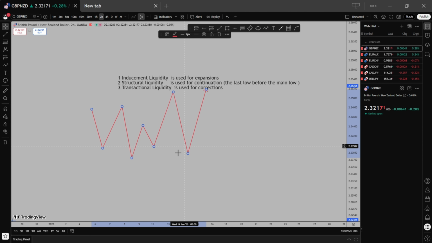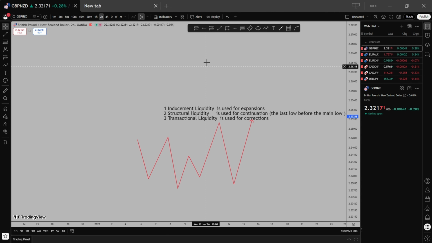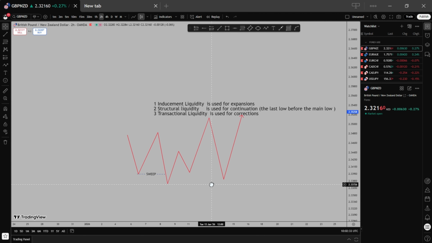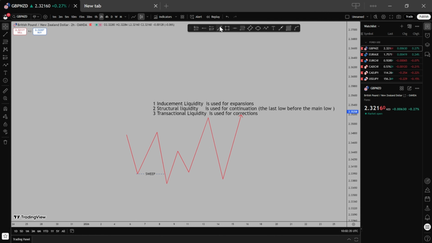Okay, so now this is the sweep. Mark that out. This is the sweep, right? Now, this right here is your transactional liquidity.